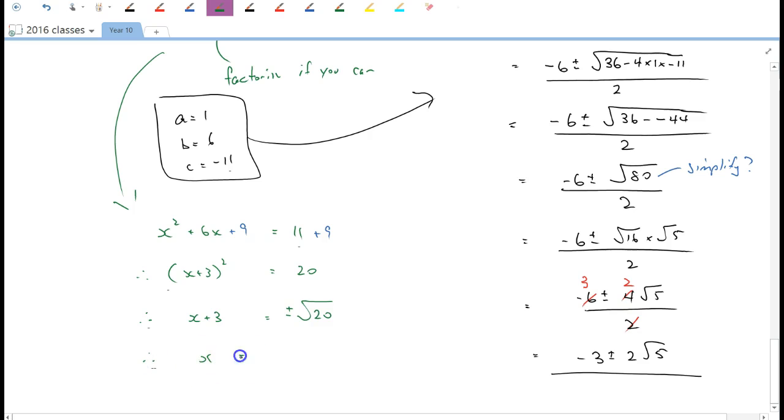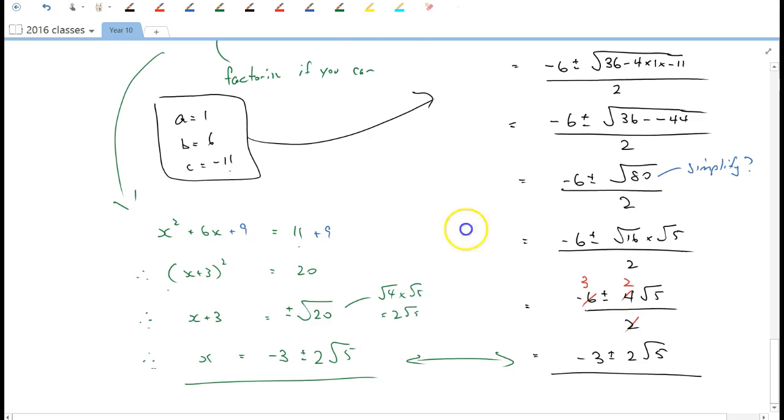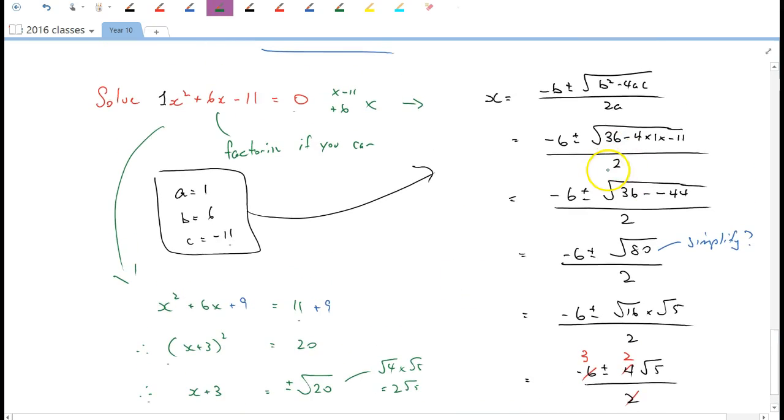Then we took the 3 across, which became minus 3, and the root 20 is root 4 times root 5, which is 2 root 5. So we wrote root 20 as 2 root 5: minus 3 plus or minus 2 root 5. Look at that, same solution. This is using the complete the square method, and over here is using the quadratic formula.